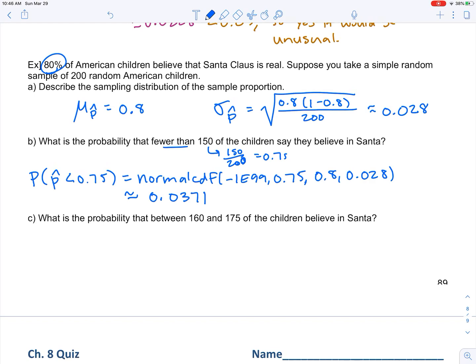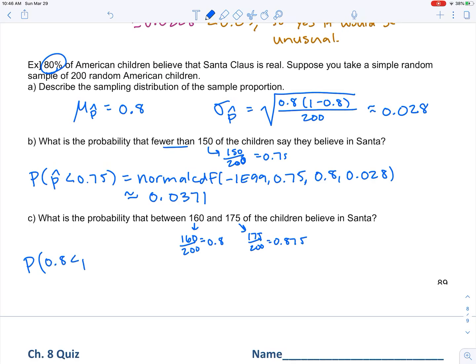Part C, what is the probability that between 160 and 175 of the children believe in Santa? Keep in mind that these both need to be converted to proportions before we can use the calculator. Sample size is still 200. So it's really asking us the probability that p hat is between 0.8 and 175 over 200, 0.875.